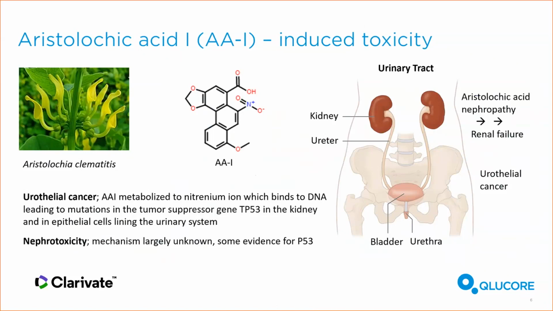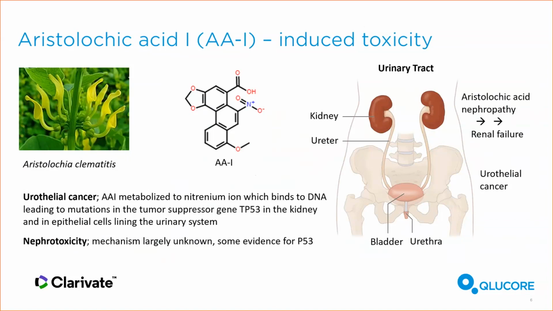Okay, to the science. Over here on the left-hand side, we have Aristolochia, which to me is shouting out, "Do not eat me." But nevertheless, there is a compound in there, aristolochic acid, which is used in traditional medicines and is also toxic at the same time.